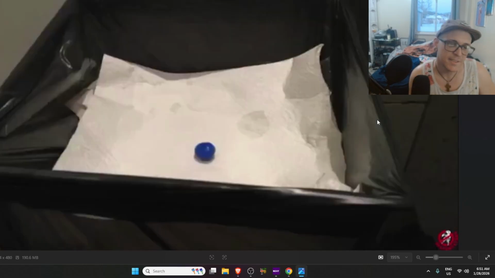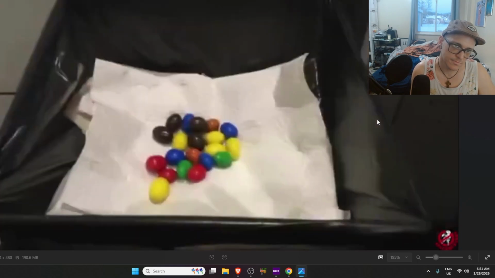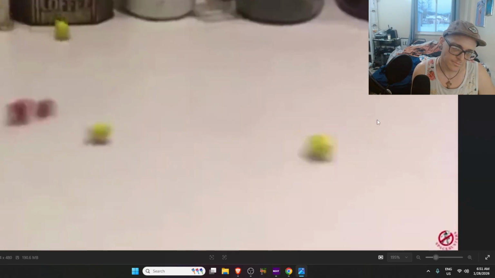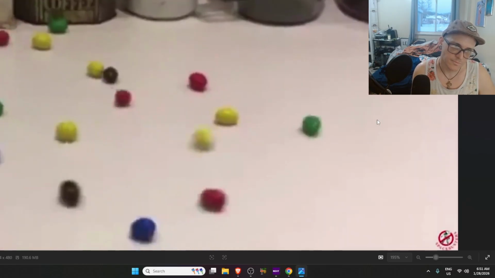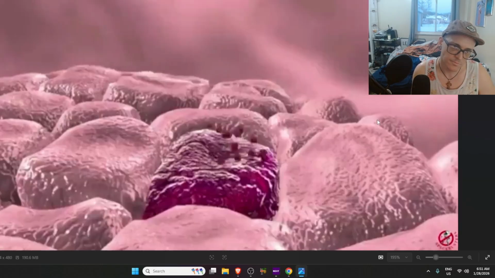If someone told you this dead piece of candy could somehow make its own way into your garbage bag, use rainbow magic to multiply into a dozen more pieces of candy, and explode out of your garbage bag back onto your counter, you would probably call them insane.